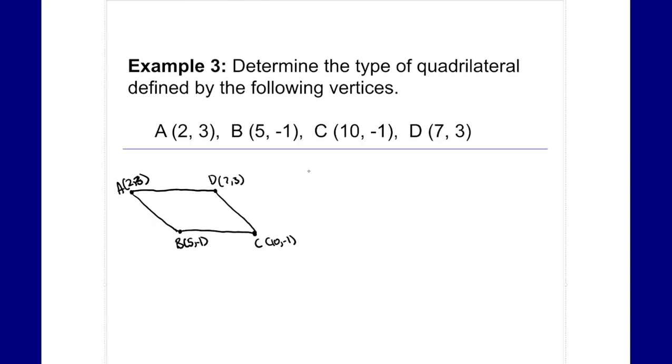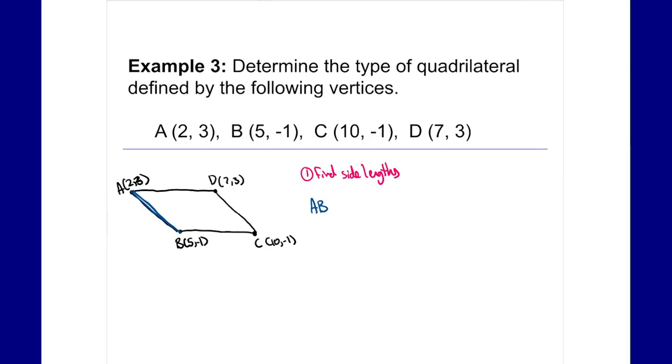So the first step, right? We want to find the side lengths. We're going to find the side lengths for each side. We'll start with AB. It doesn't really matter which one we do, we'll just keep it alphabetical.